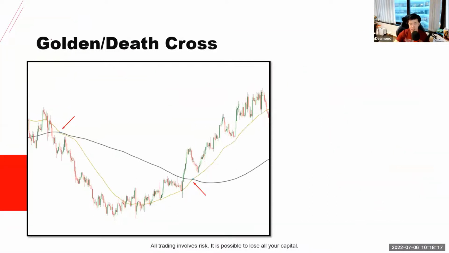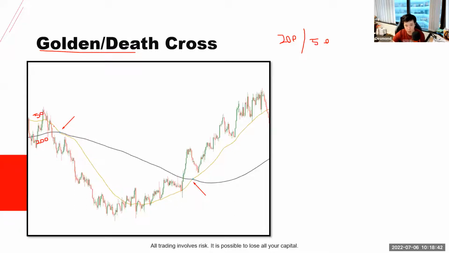The next thing is the golden and death cross. They are actually called the 200 and 50 SMA crosses. So this is when the 50 moving average here is the gold line, and the 200 moving average is the black line.